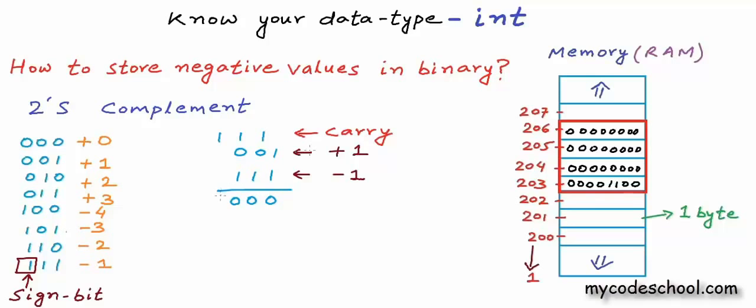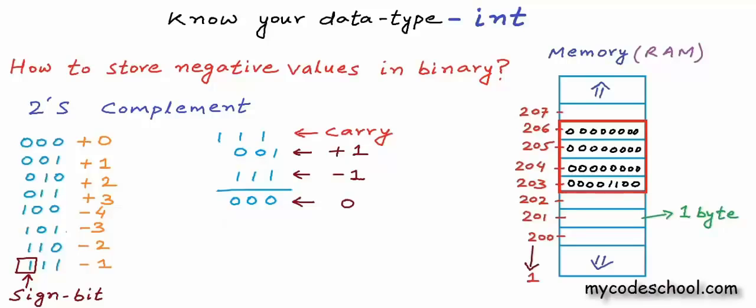So the actual result would be 1000, but because we are storing the numbers in 3 bits only, we do not have space for the 4th bit, so this leftmost 1 goes into overflow, and if we are keeping only the 3 zeros, then our result is 0 as expected.